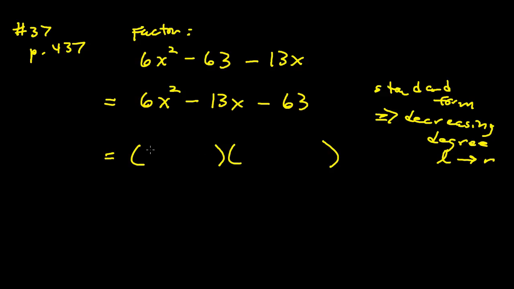I'm going to try 3x and 2x in the first slots. I know the first product is 6x squared. That's fine. The outer and inner products have to add up to minus 13x. And of course, the last product has to multiply to 63. 9 times 7 is 63, so I'm thinking 9 and 7.